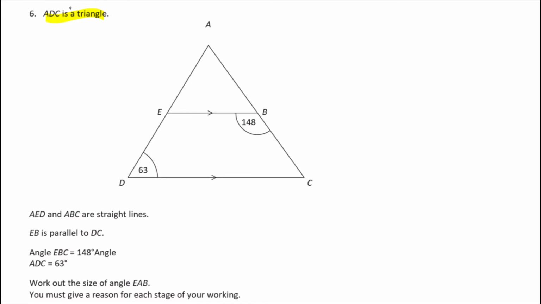Now we want to find the size of angle EAB. EAB, this angle up here at the top of the triangle. Okay. Now, we already know one of the angles in the triangle, this one. So if we can find this one over here, then we can find the angle at the top, can't we, using the angles in a triangle? So we can say that angle ACD, this angle down here, is co-interior to this one, can't we?